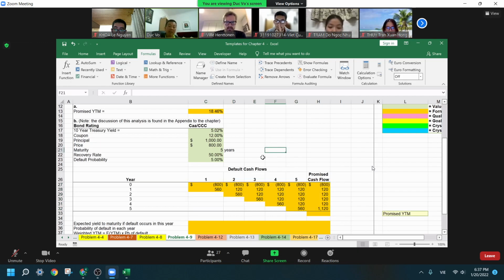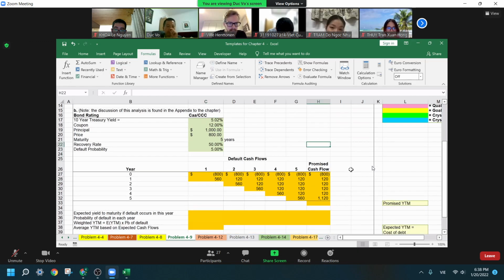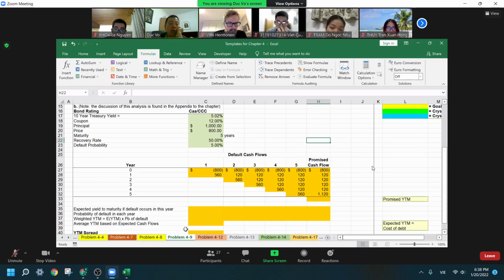So I say again, the 560 represents you recover 50% of the principal and the coupon payment. So this is 500, this is 60, so that's why you get 560. Right. Okay, so on that basis, I can work out the default cash flow, like what you see there.